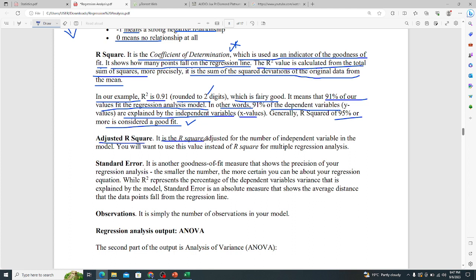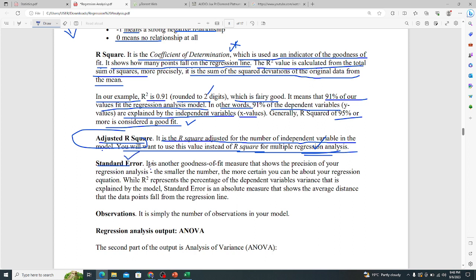It is the R squared adjusted for the number of independent variables in the model. You will want to use this value instead of R squared for multiple linear regression. That's why I said adjusted R, it's majorly used when it comes to multiple linear regression.